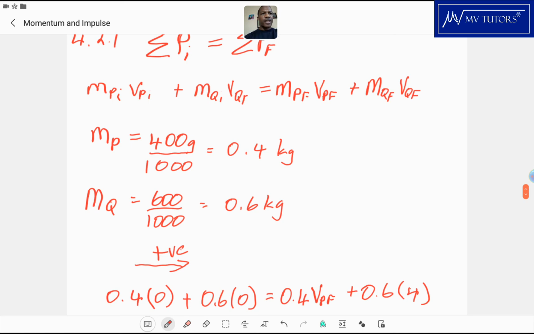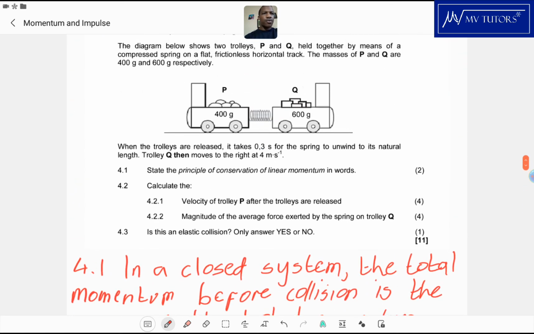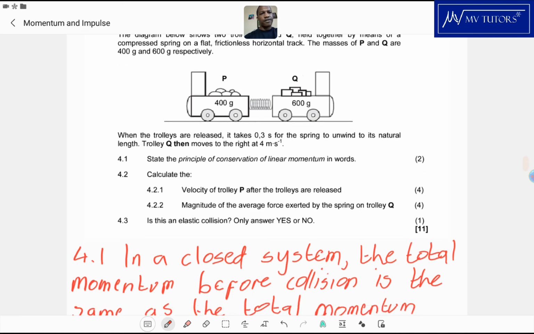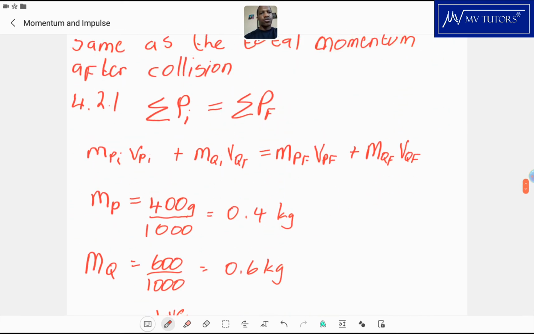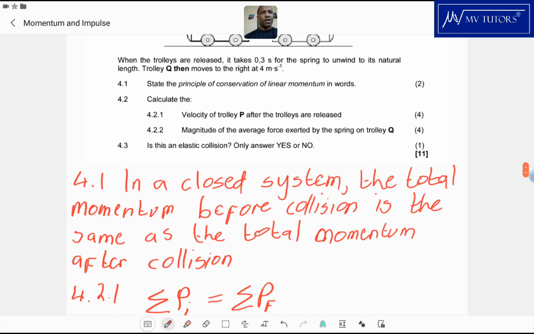And that makes sense because if you look at this spring, it's compressed. So if you release it, this Q must go to the right while P must go to the left. So the calculation actually confirms that.